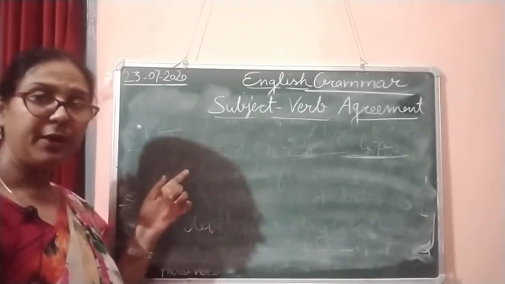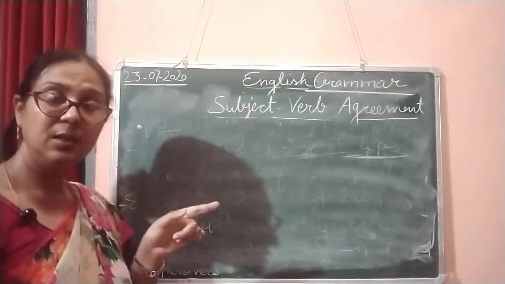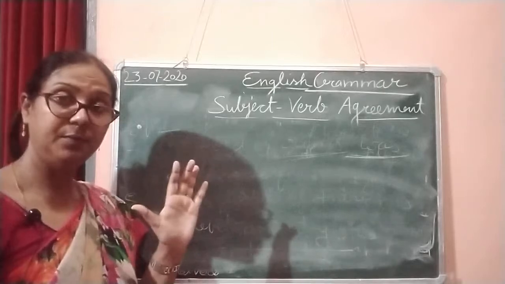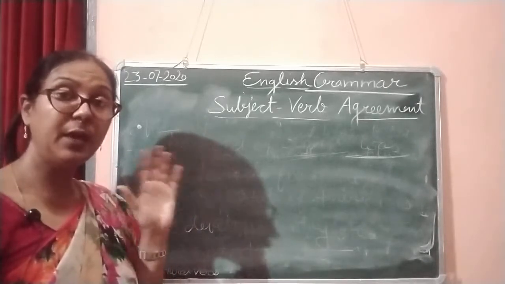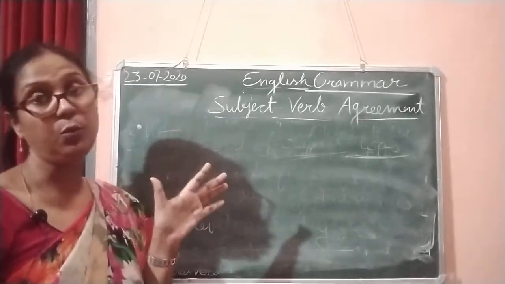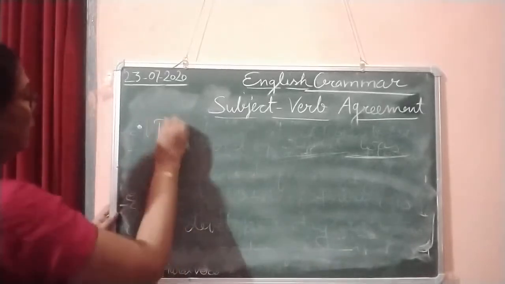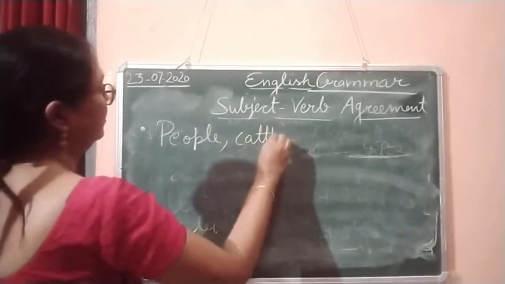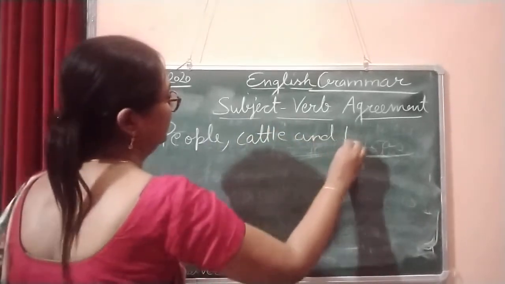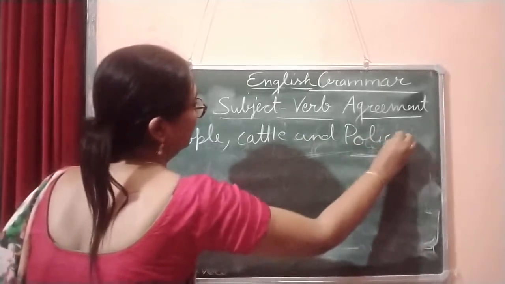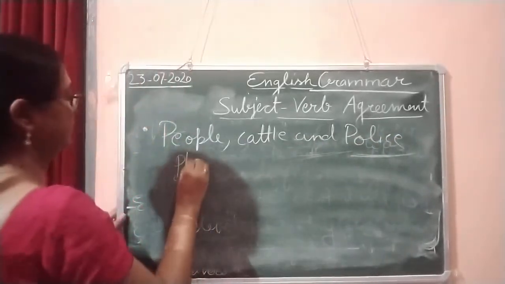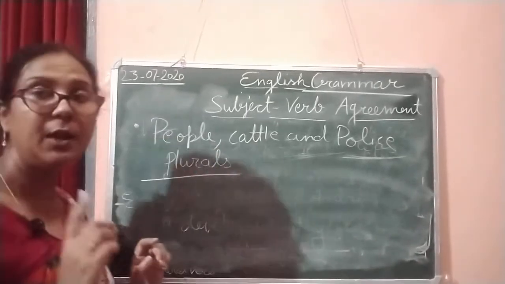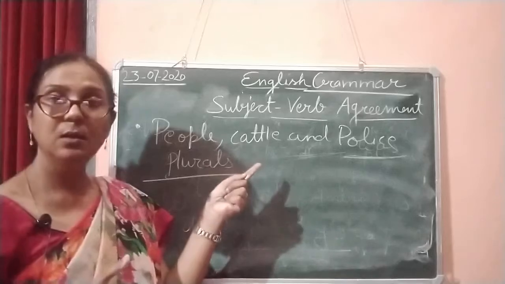Our next point is people, cattle and police. These are all plural subjects, so they are always considered as plural. People, cattle and police. These are all plurals. And this we have to always remember, we are not going to write police is.